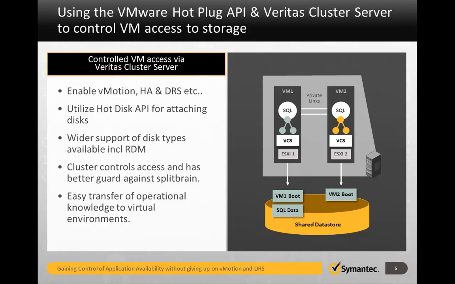With this new functionality of VCS, you don't have to do that. In fact, you don't need to do that. What we do is control access to the virtual machine directly from within VCS itself. So we're utilizing this API, which basically attaches and detaches the disks from one VM to the other in case of a fault. And the demo will go through that in more detail.